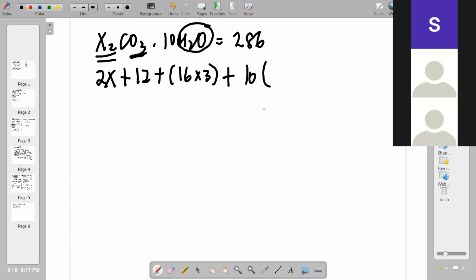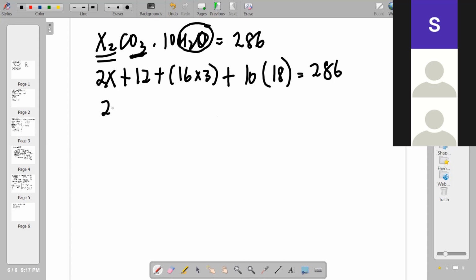It's not 36. Why is it 36? Oxygen is 16, 16 plus 2 is 18. Correct. Is equals to 286.